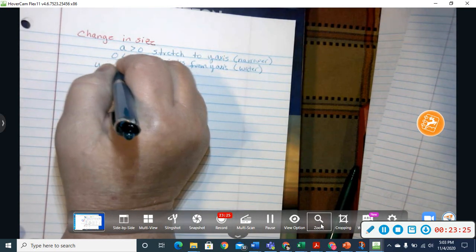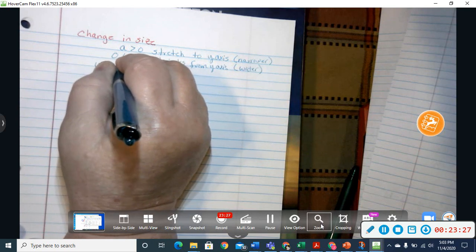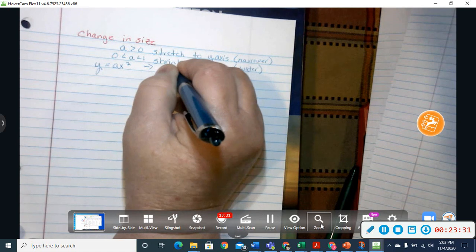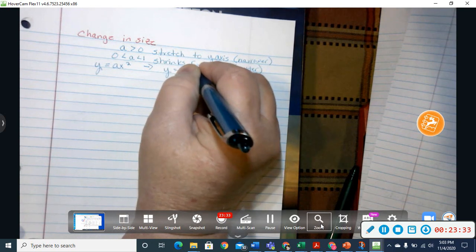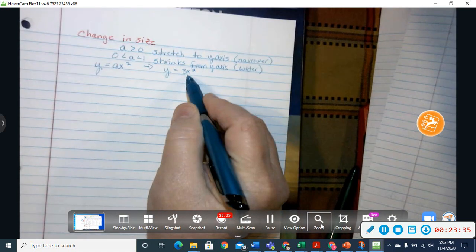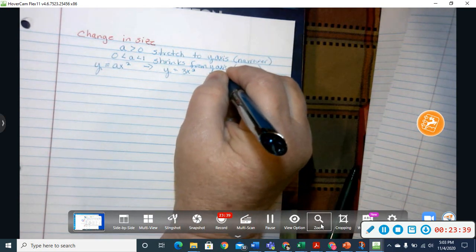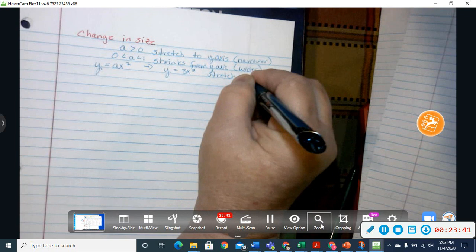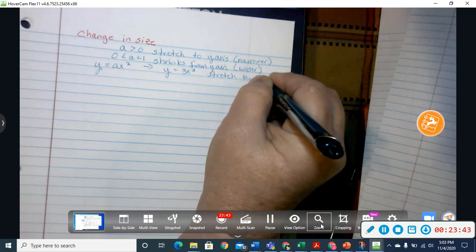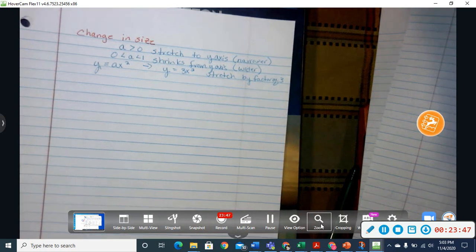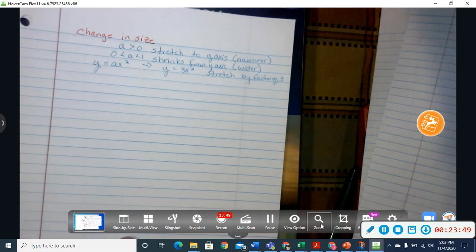So our normal equation, y equals ax squared. If we have y equals 3x squared, then that means the graph is going to stretch by a factor of 3 towards the y-axis.